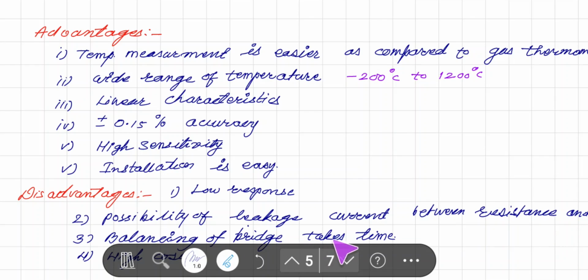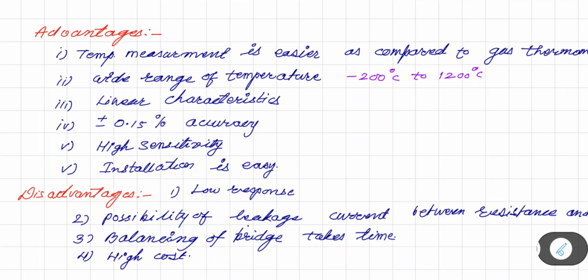Balancing of the bridge takes time. As the Wheatstone bridge is there, we need to balance its four arms, and balancing takes time. And the cost of the platinum resistance thermometer is high, which is one more disadvantage of this type of thermometer.